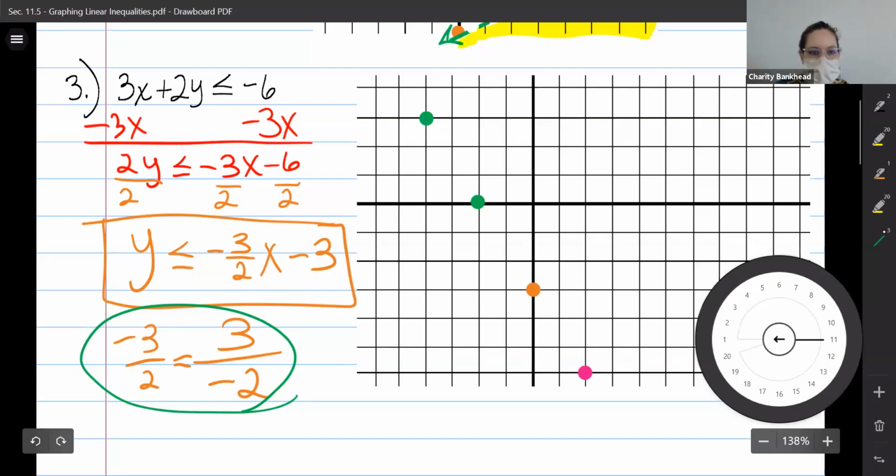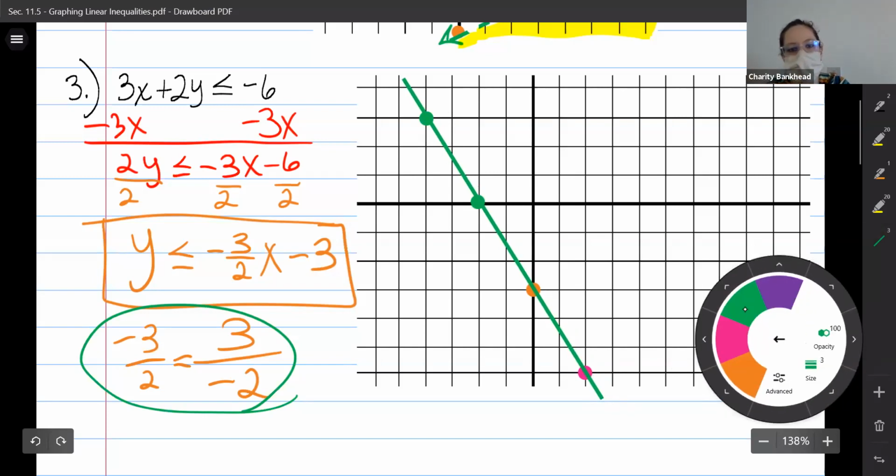All right. And this is going to be a solid line because it's less than or equal to.